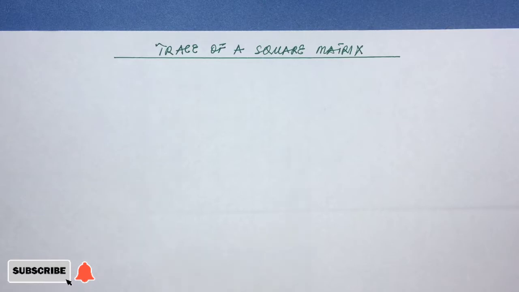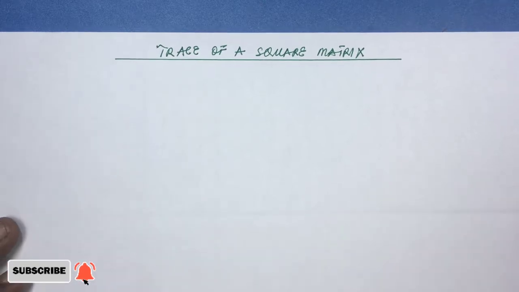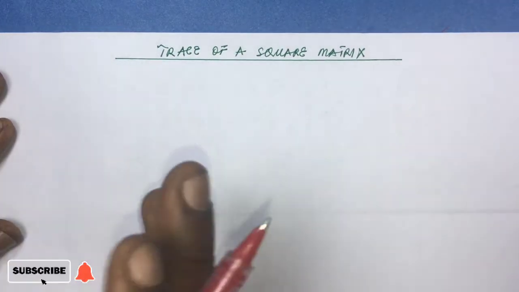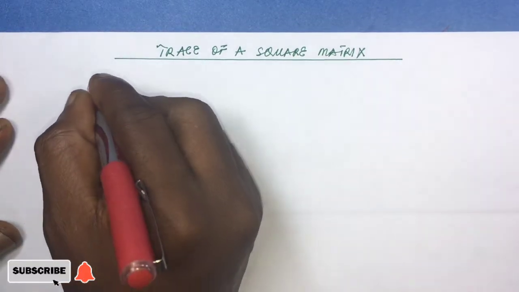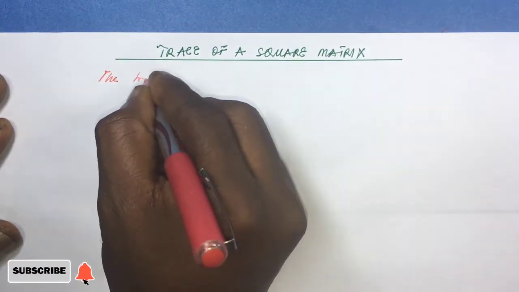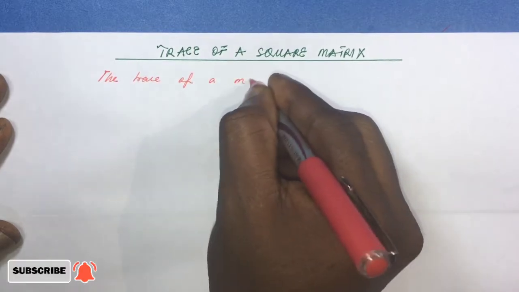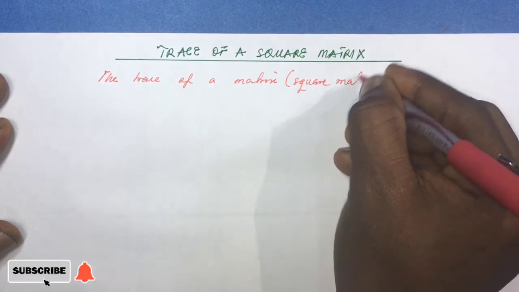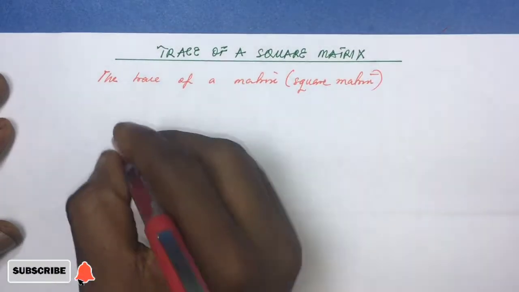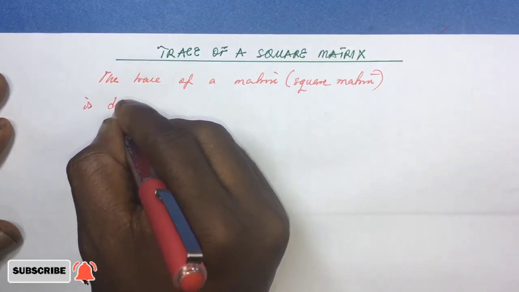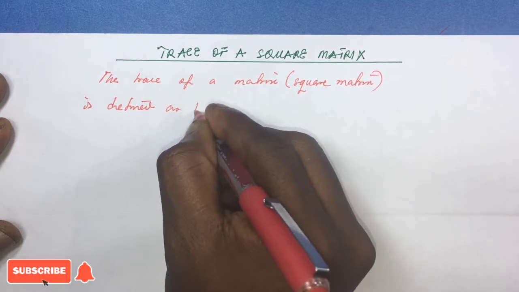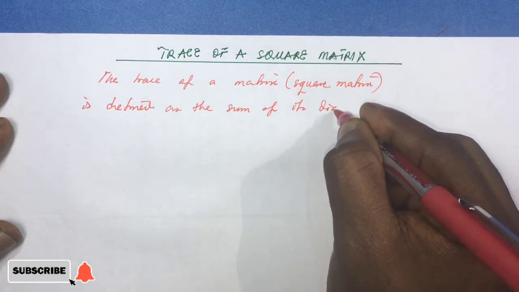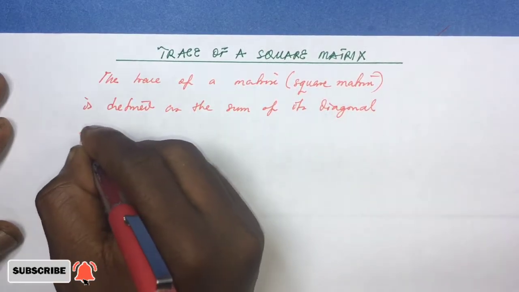So, what is the trace of a matrix is where my video on trace of a matrix begins. I'm going to define what the trace of a matrix is, and then we shall take something more concrete on it. So the trace of a matrix (square matrix) is defined as the sum of its diagonal elements.